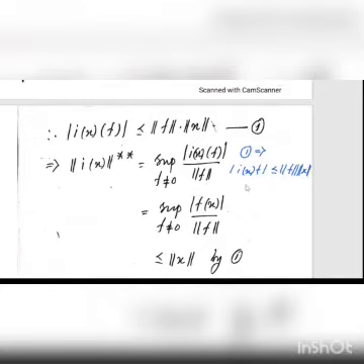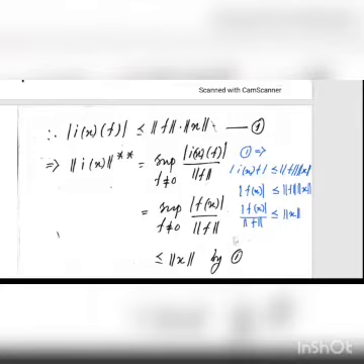But I_x of f is nothing but f of x. So modulus of f of x is less than or equal to norm of f into norm of x. So when you take this, you have modulus of f of x by norm of f, for f not equal to 0, is less than or equal to norm of x.